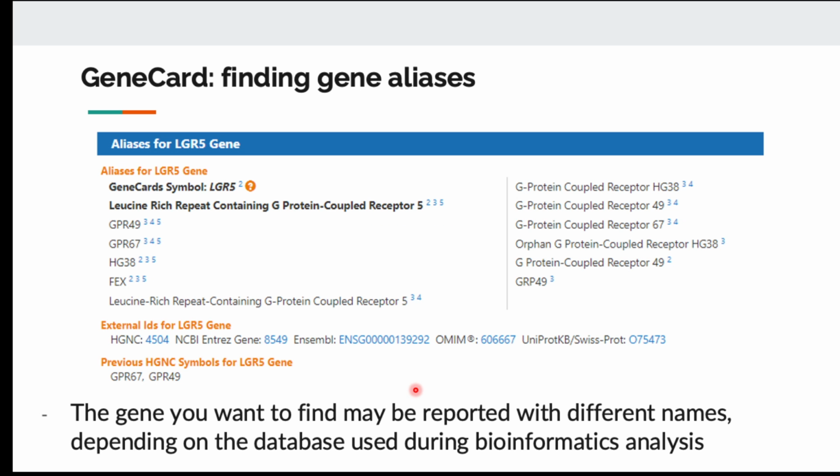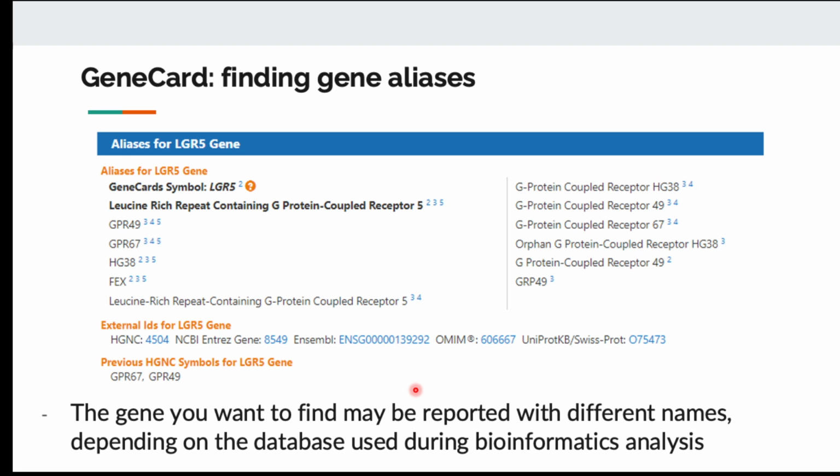In another situation, sometimes you want to explore an omics database and you search for your gene, like LGR5. Sometimes you don't find it in the dataset. That can be because maybe the sequencing data doesn't contain LGR5.